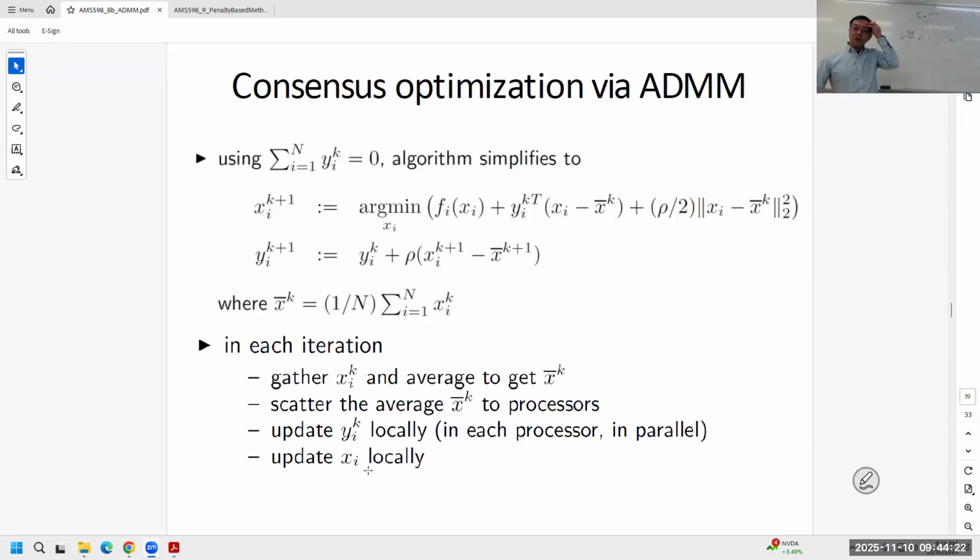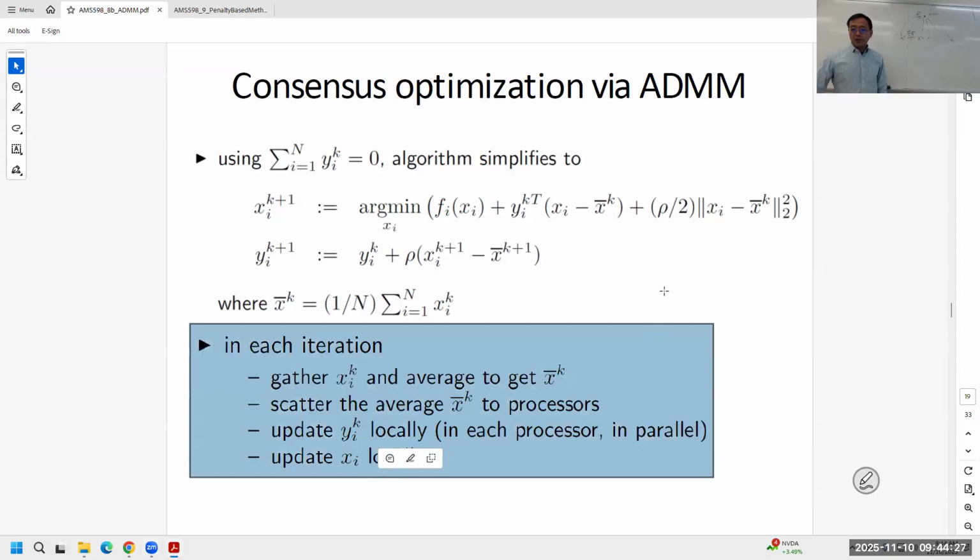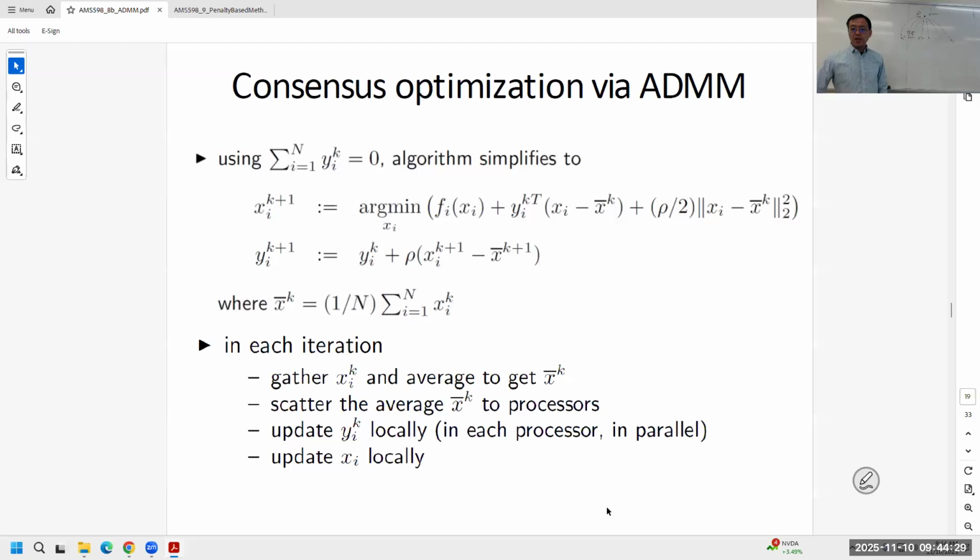Okay, so this is how consensus optimization with ADMM works. With this we can basically realize the parallelization on all segment data.